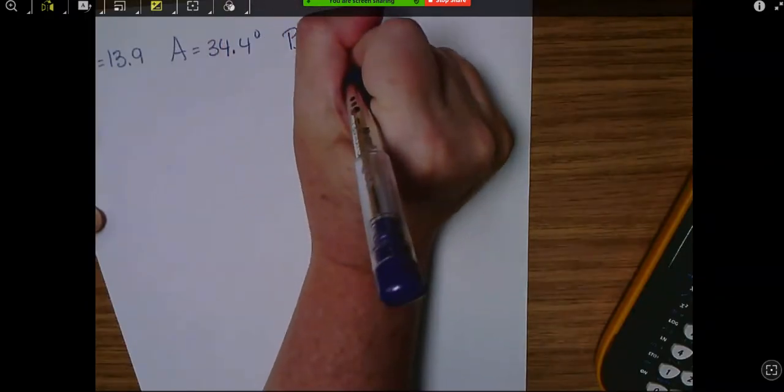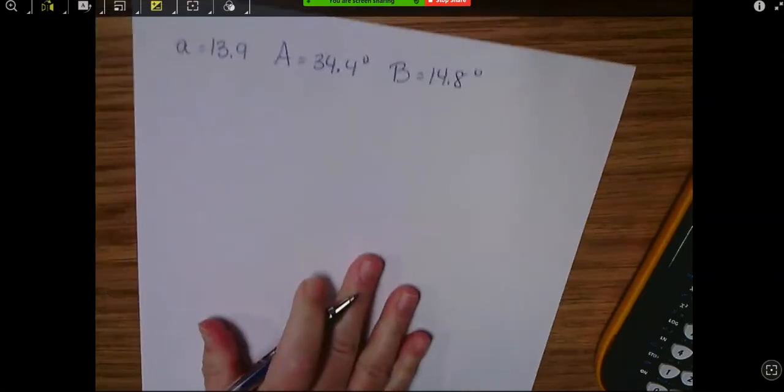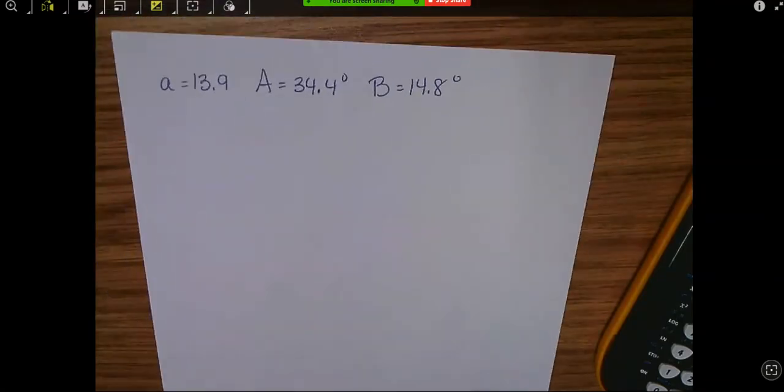And it is okay. So here we go. Let's try little a as 13.9, big A is 34.4 degrees, and big B is 14.8 degrees. Sorry. There we go. And so the question again is find the area.